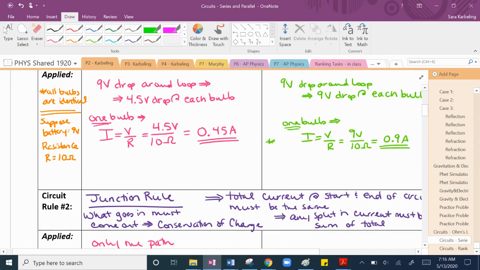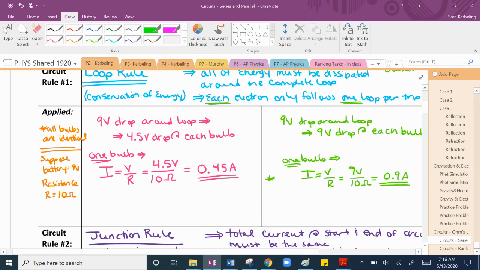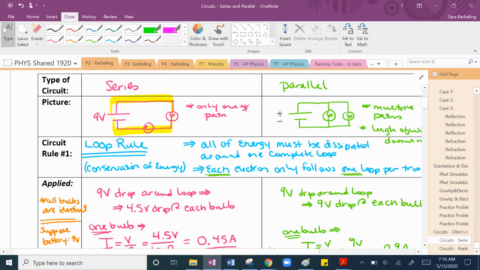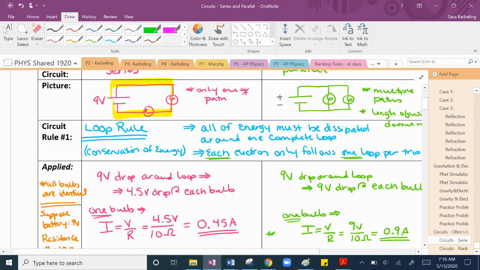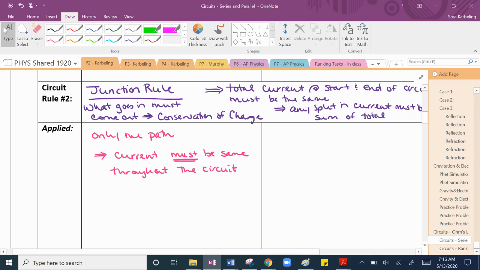In the case of our parallel circuit, that's not quite the same deal because there are multiple paths. So let's take a look and see what happens with the junction rule for a parallel circuit. So we've got multiple paths. Okay.